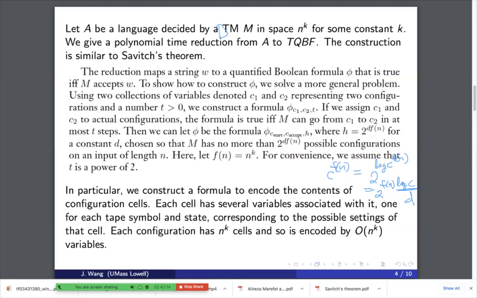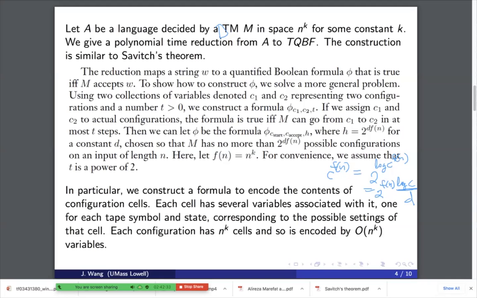In particular, we construct a formula to encode the contents of configuration cells. Each cell has several variables associated with it, one for each tape symbol and state.